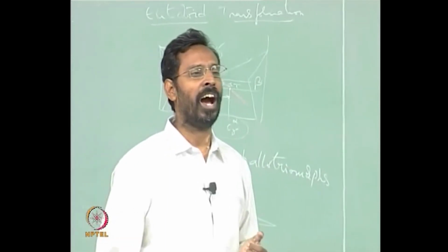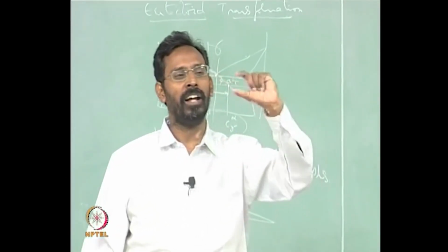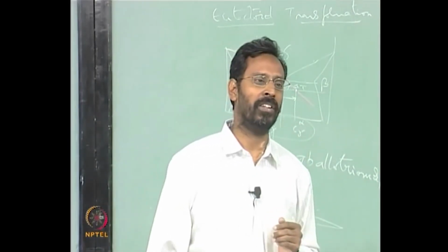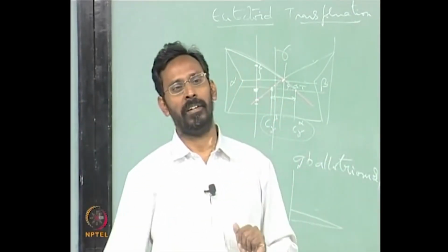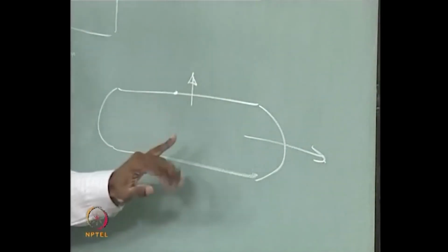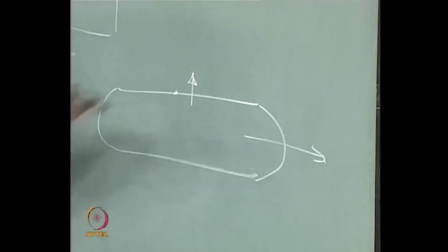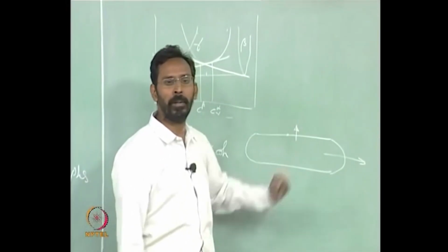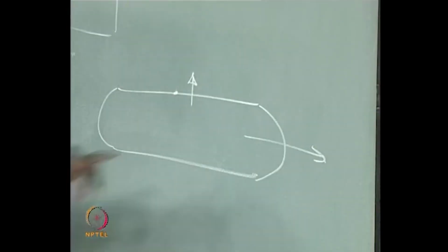For example, if I take aluminum copper, you get a theta double prime disc. The disc thickness rarely changes much, but the disc grows laterally because of this. This growth is much faster than this growth, because if you want this growth to occur, then you need to maintain the coherency continuously. The continuity of the atomic planes has to be maintained, whereas here there is no need of such a thing.